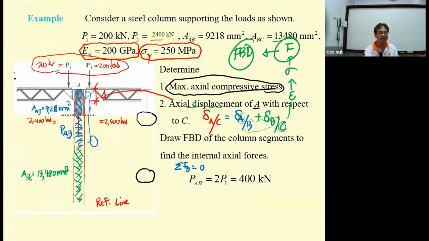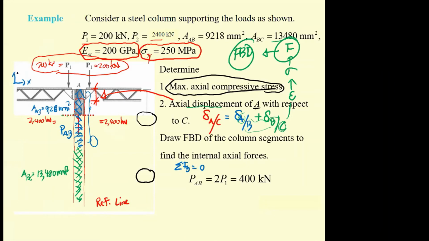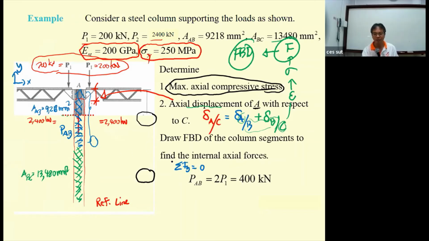You just set this as the Y direction, and upward is positive. So P sub AB will be the combination of these two forces, and it is going to be 400 kilonewton. That is for the top portion of the column.